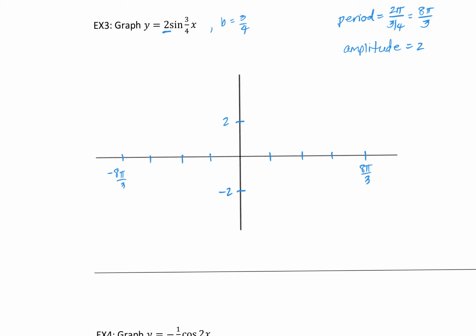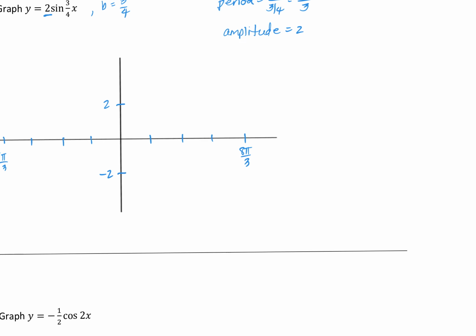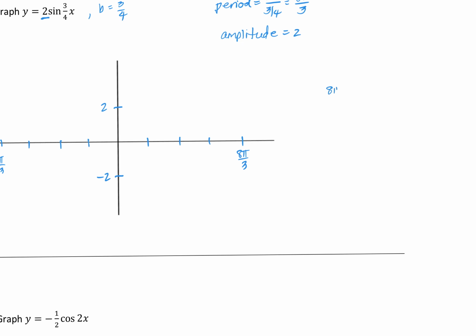Okay, so I just have to figure out what these marks are. I'm taking 8 pi over 3. I'm dividing it by 4, which is the same as multiplying by 1/4. So reduce by 4 top and bottom, it looks like it's going to be 2 pi over 3. So this first distance is the distance of 2 pi over 3.